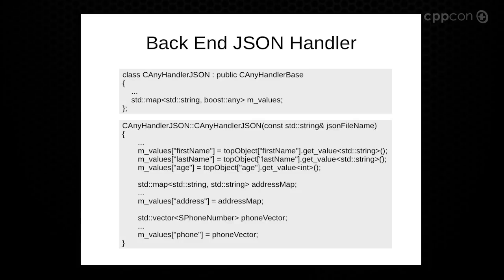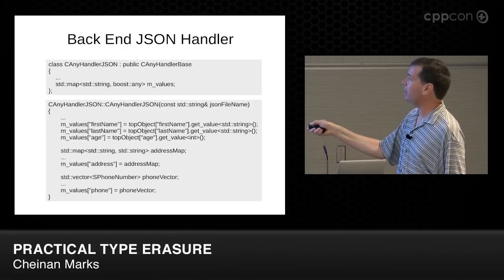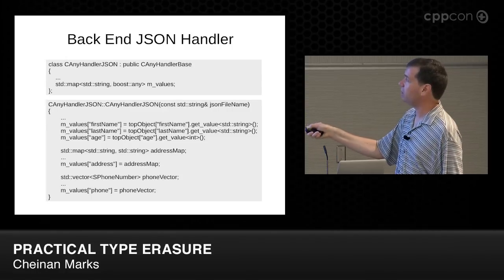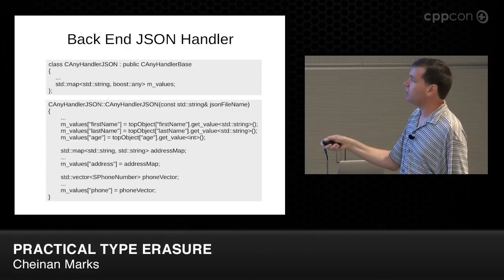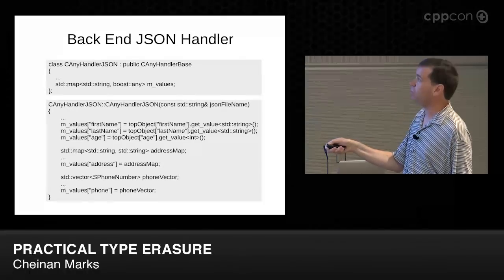And here is where the ugliness begins, all right? I'm not going to go into this in detail, but this is JSON Spirit code. So if you want to compile my code, you're going to need to download JSON Spirit. And JSON Spirit, as you can guess, uses Spirit, so that's Boost, so you're going to need Boost as well. The instructions are in the README, but hopefully you shouldn't have much trouble with that. But JSON Spirit basically needs you to tell it what the type is when you get the value, all right? So JSON Spirit is going to automatically load this map.